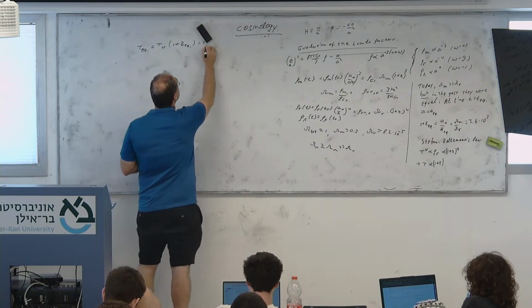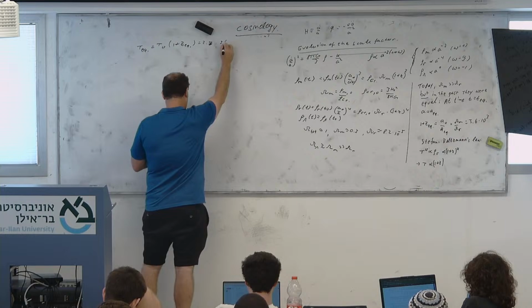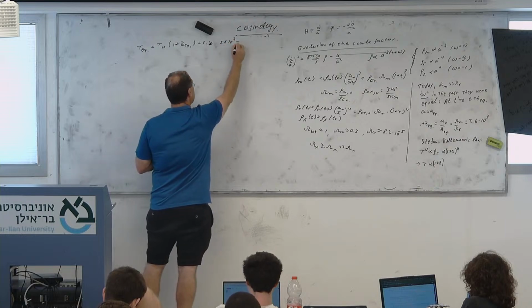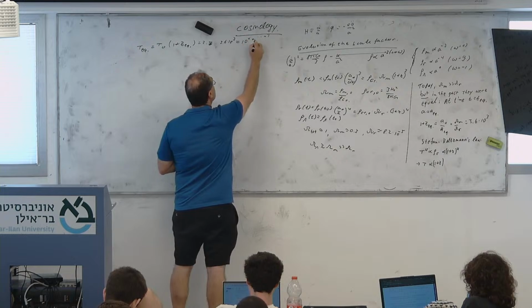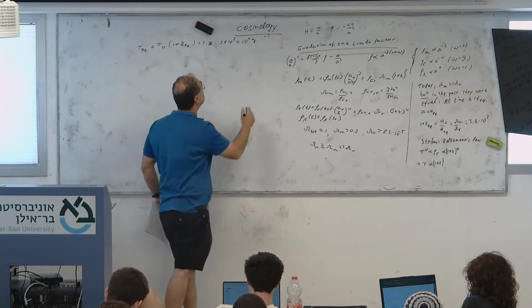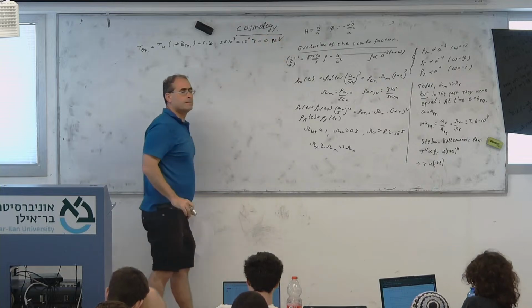So this is 2.7 times 3.6 times 10 to the 3, which is about 10 to the 4 degrees Kelvin, or 0.9 electron volt. You all following me?